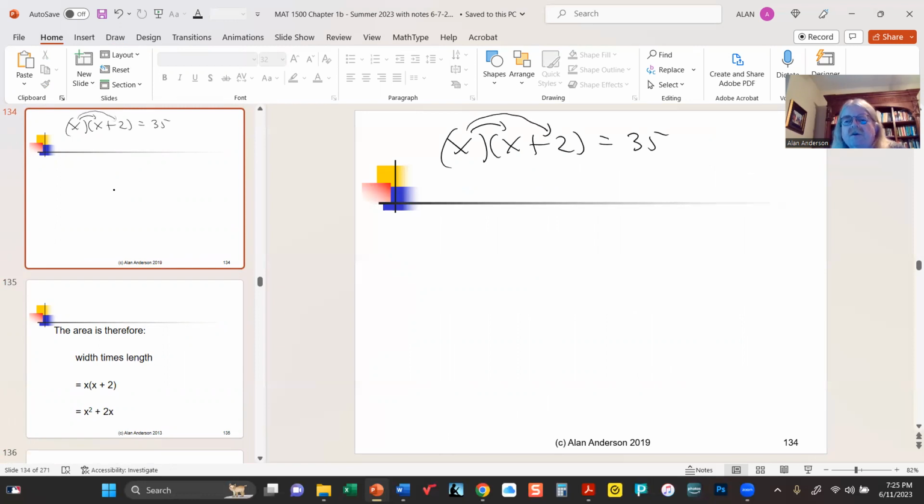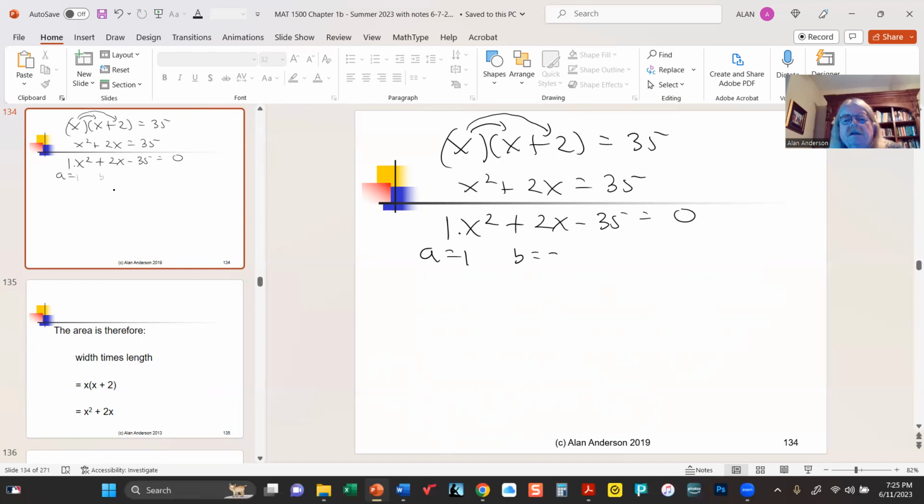By distributing x across x plus 2, and then subtracting the 35, we have ourselves a quadratic equation. Okay. A is 1, B is 2, C is -35.